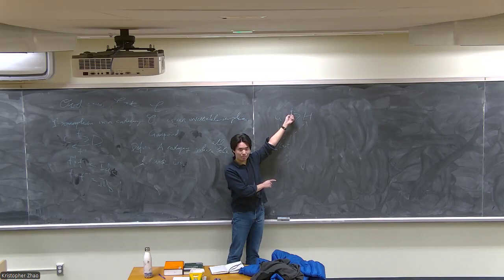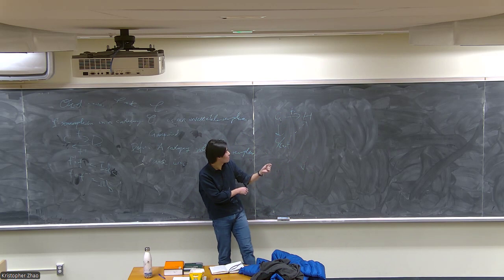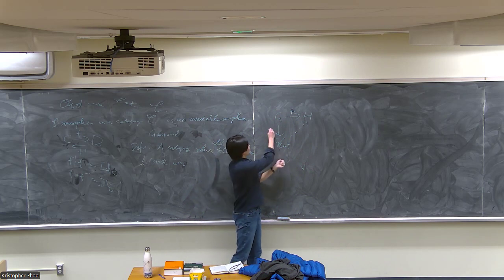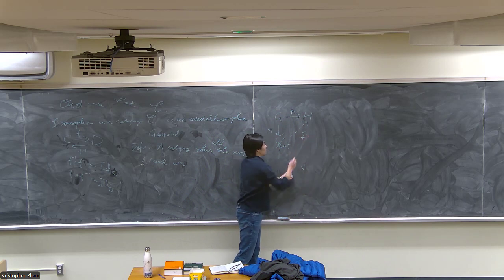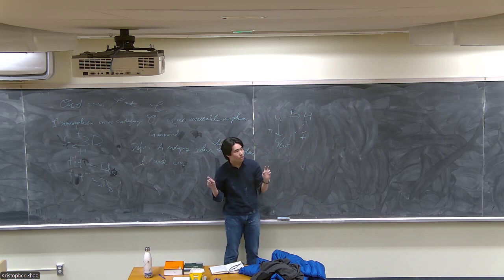The category of abelian groups has objects as abelian groups and morphisms as homomorphisms, right? The first isomorphism theorem means that there's a universal property.